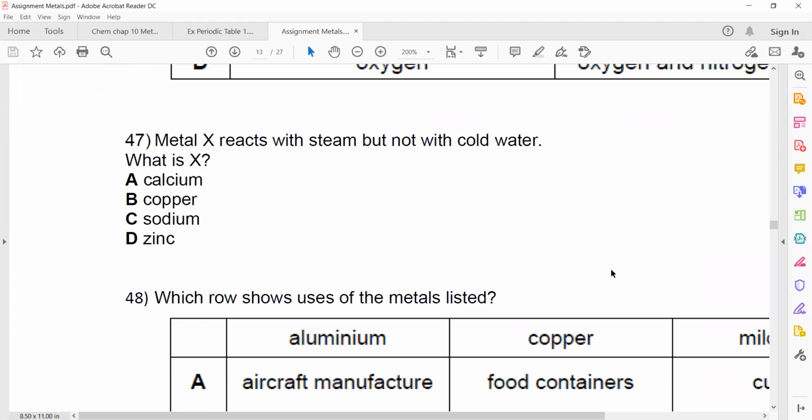Question 47. Metal X reacts with steam but not with cold water.